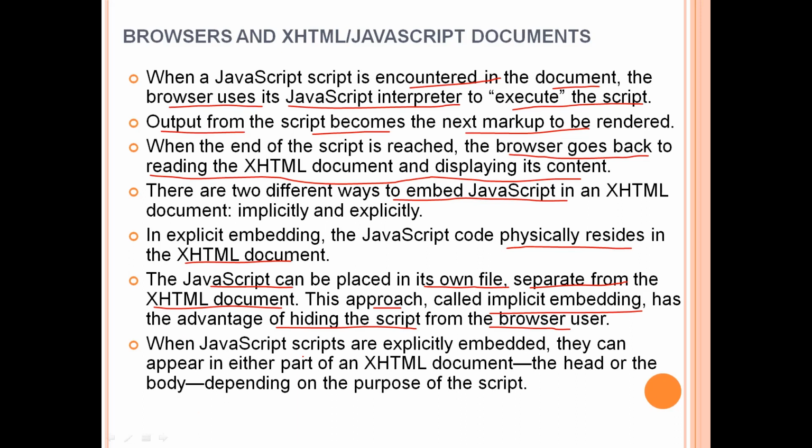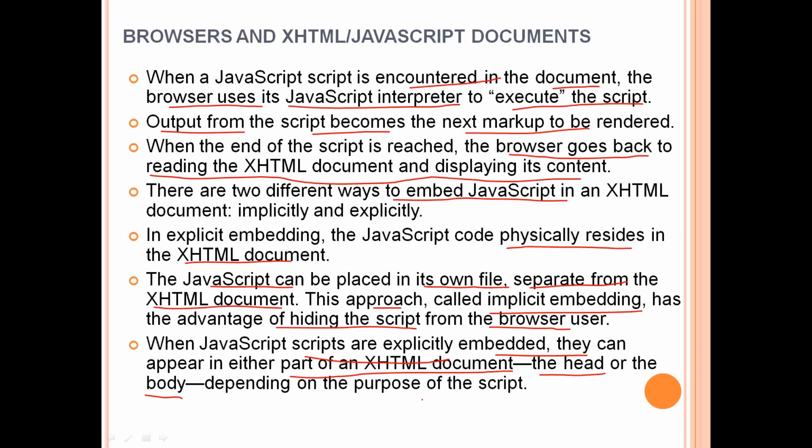When JavaScript is explicitly embedded, it can appear either in the head or the body part of an XHTML document, depending on the purpose of the JavaScript. So when we include JavaScript in the HTML file, it can appear in two places.